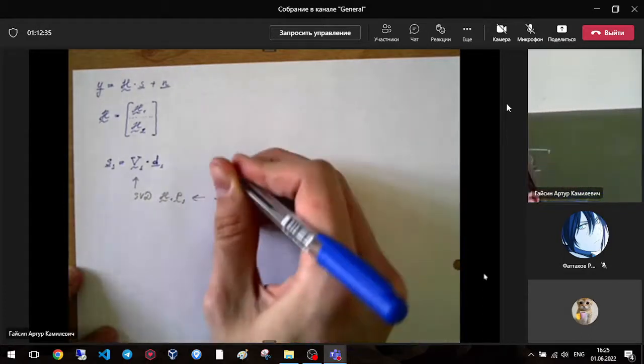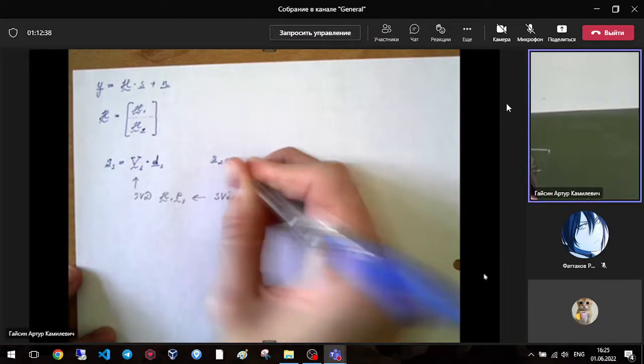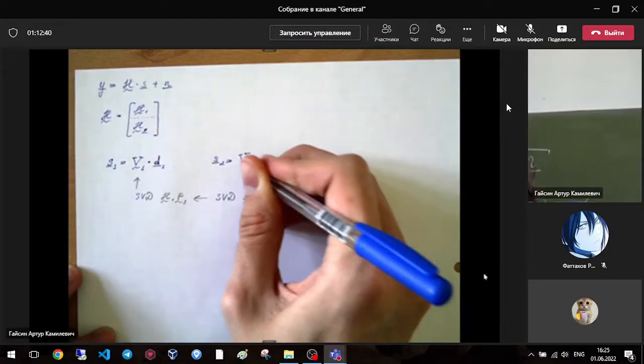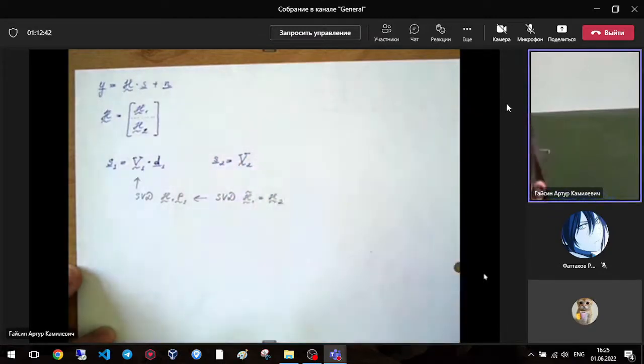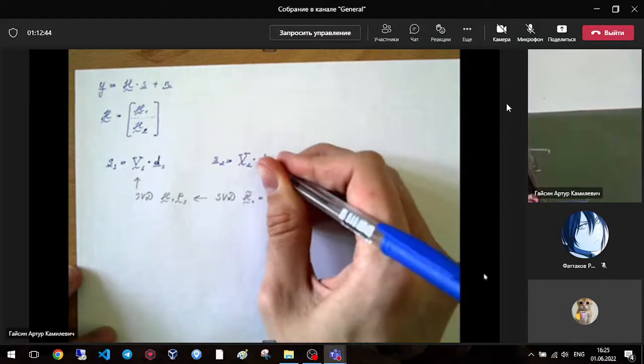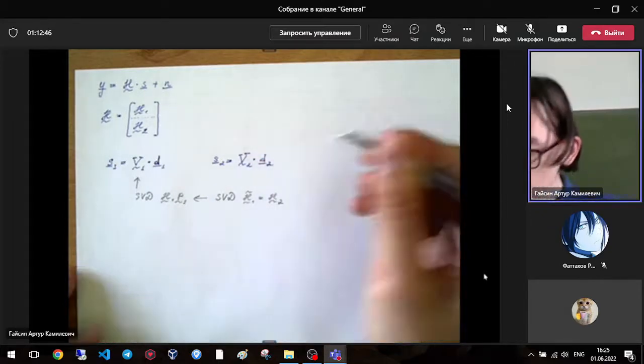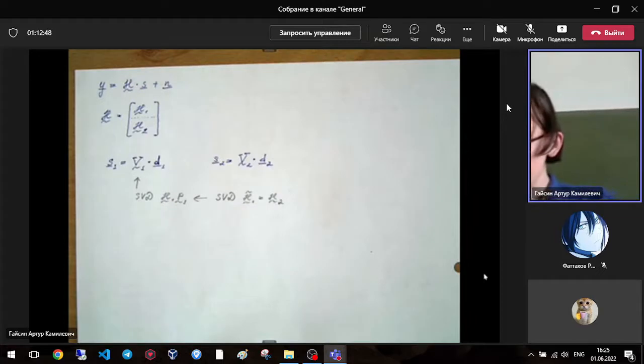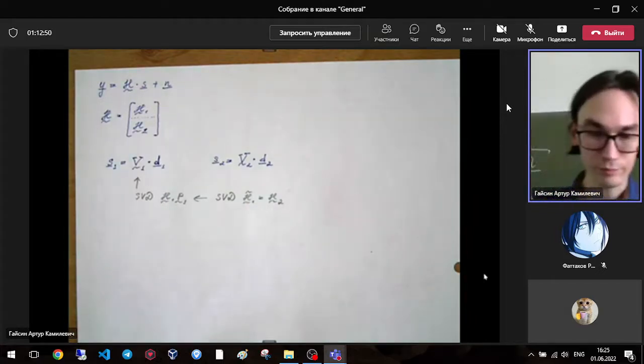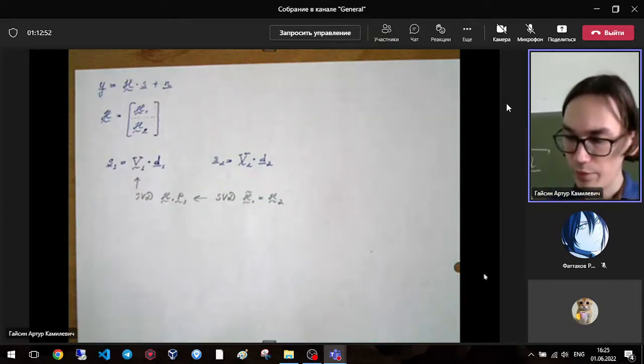So S2 is equal to V2, the precoding matrix, times some transmitted data for user 2. Okay.